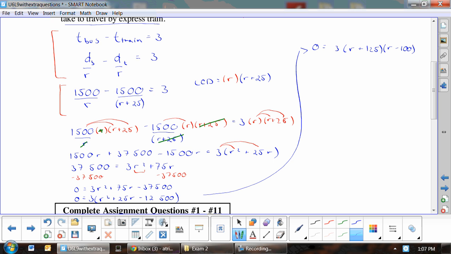And then your x-intercepts would give you negative 125 and positive 100. So the hardest part about doing that would be coming up with your windows so you could actually see that.